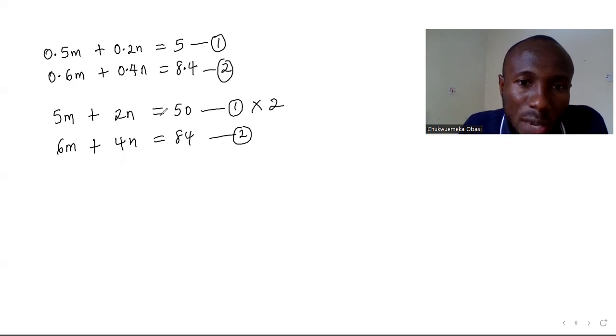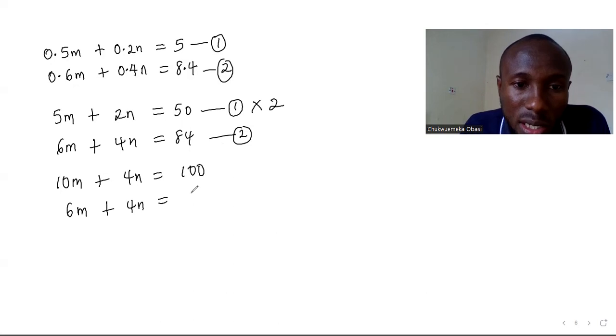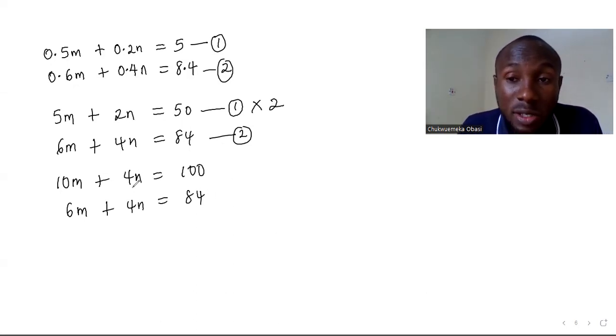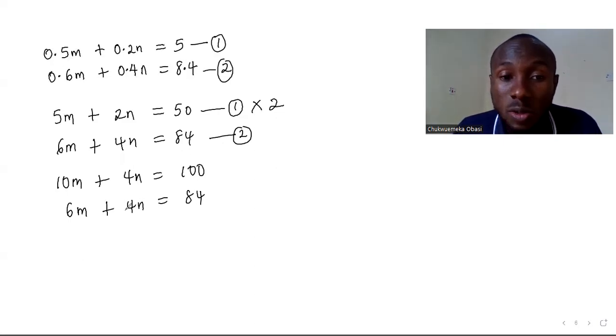And 5m times 2 will become 10m. And if I multiply 2n by 2, I'll get 4n. And if I multiply 50 by 2, that's 100. Then equation 2 remains the same because we are not going to change it. So we have 84. And now you see that the quantity of n in these two equations is the same. So it is easy now to eliminate them.